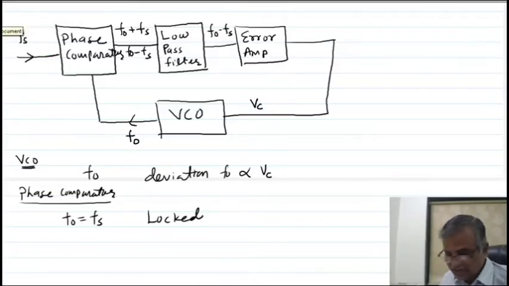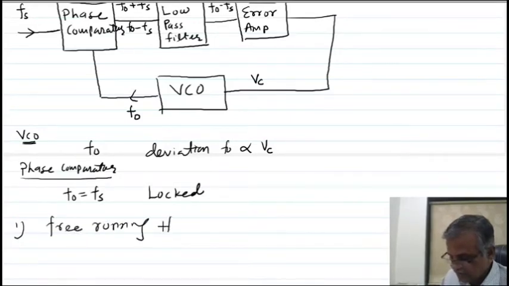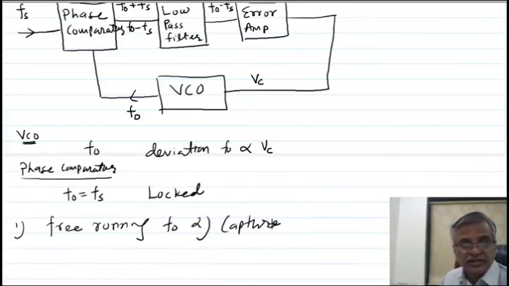The entire process of PLL can be divided into three parts. From this discussion we can say that the PLL passes through three stages. First stage is free running, meaning as you switch it on it produces the frequency FO. Second is capture start, called the capture range.